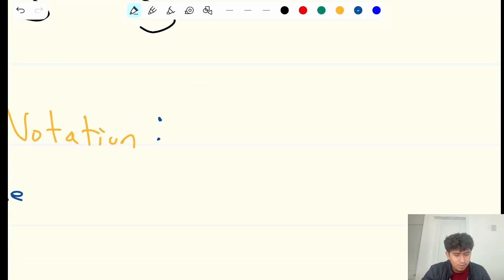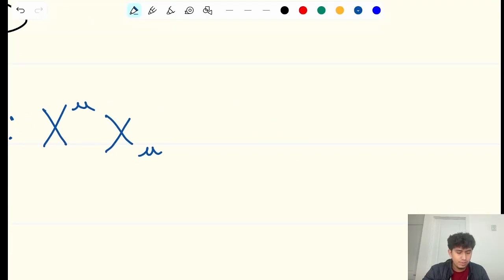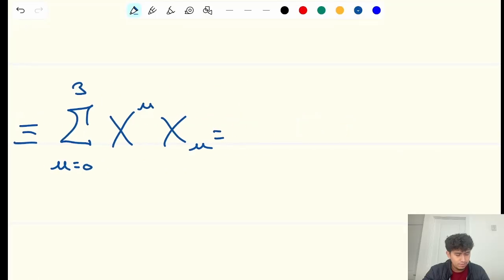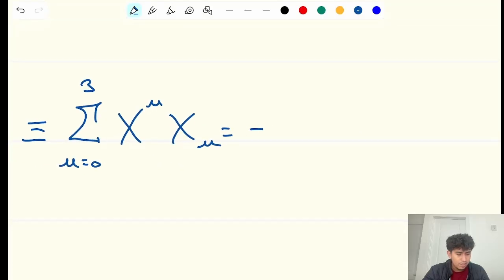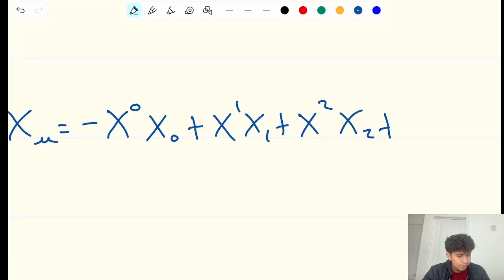Whenever we write, let's say we have a 4-vector and this is another 4-vector, and we do this notation, this is the same as writing the summation from 0 to 3 of x mu, x nu. And essentially, if you expand the components, you're going to get minus x0 plus x1 plus x2 plus x3.